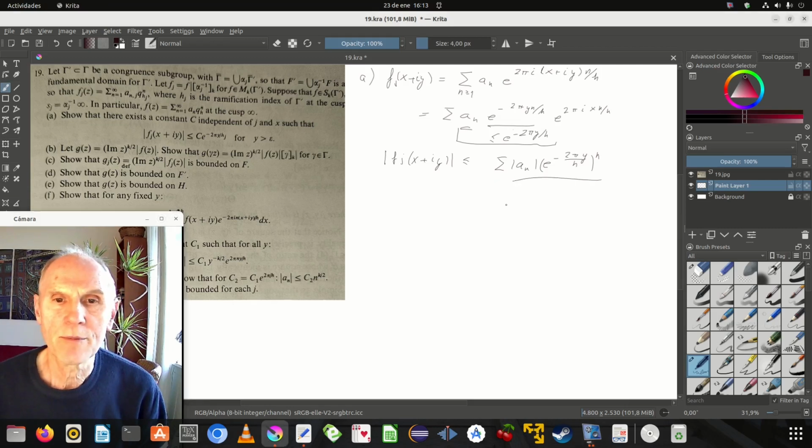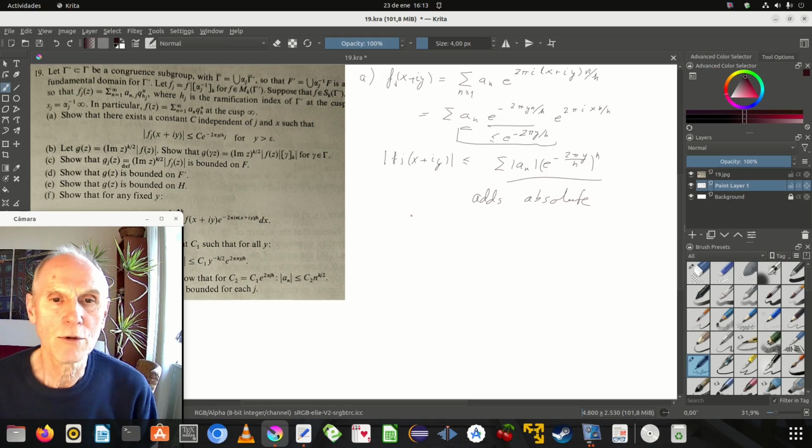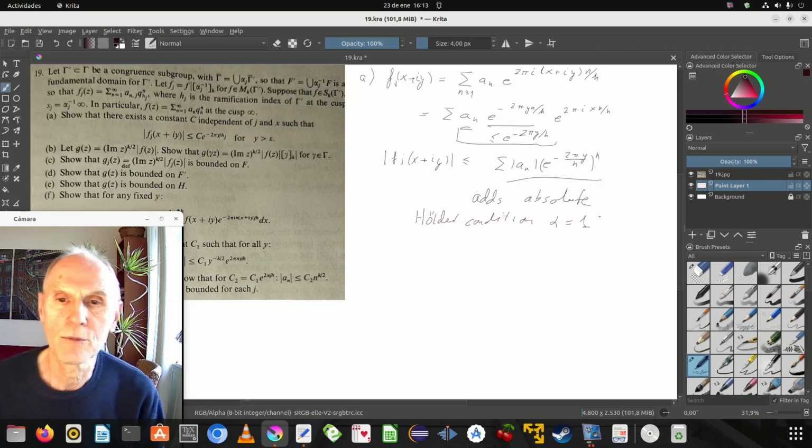This sum adds up absolutely because f is holomorphic, so it's twice differentiable, so it holds with a Hölder condition with alpha being unity, which is larger than 1/2.